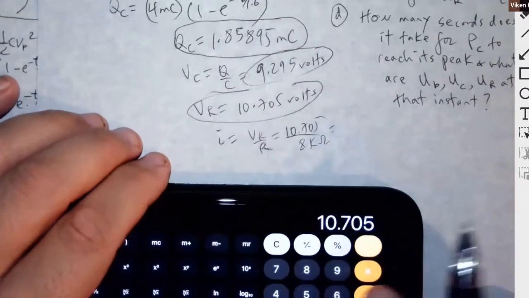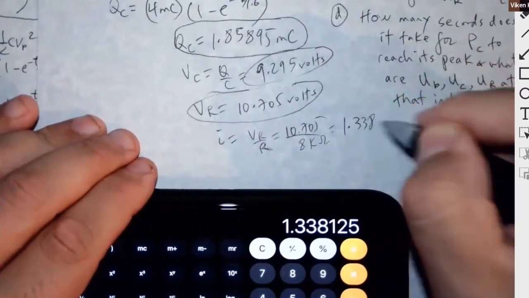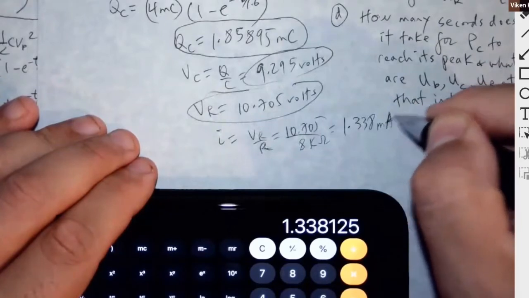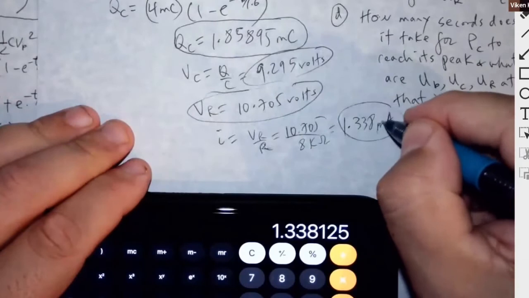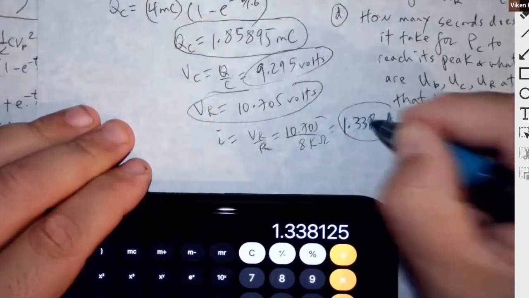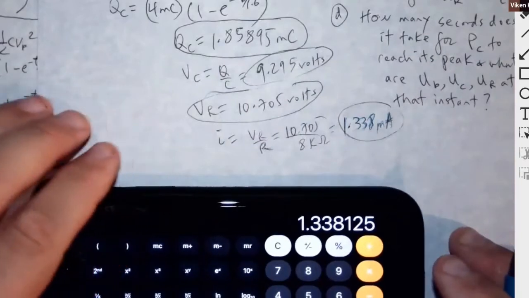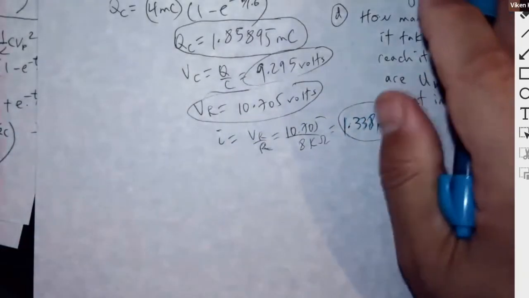So divide this by 8. 1.338 milliamps. That pen is kind of dead. 1.338 milliamps. Okay, that's it. So that was pretty easy, not too bad.